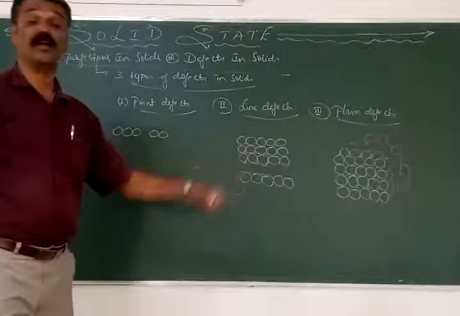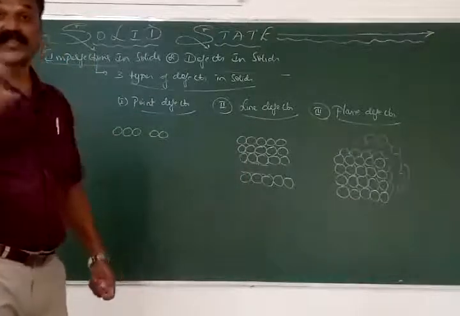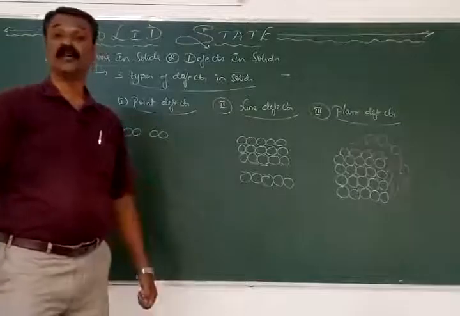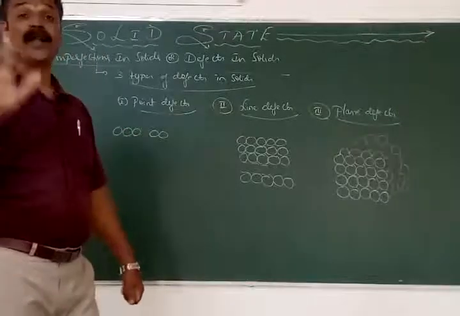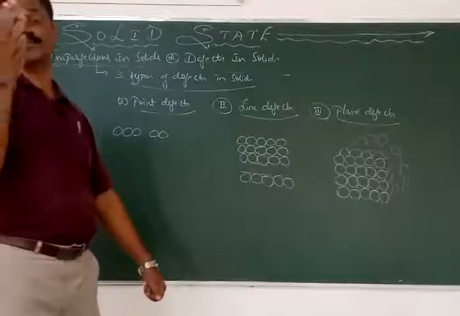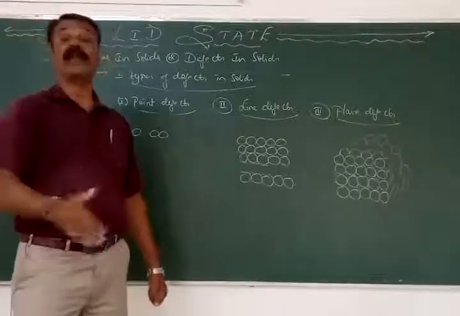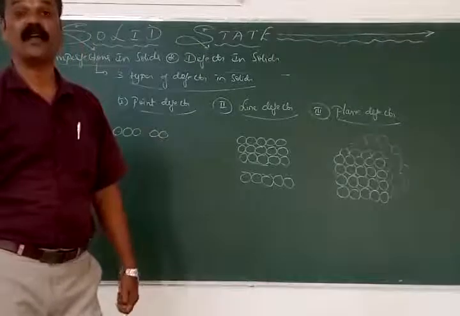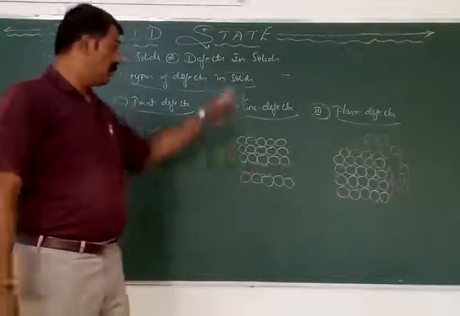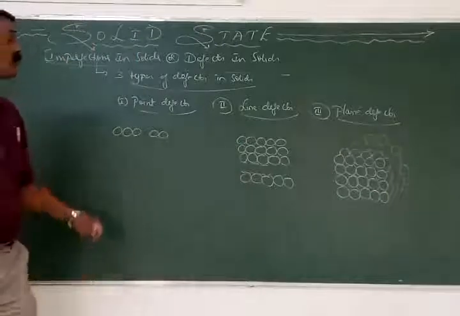If all the particles aligned in a single line get removed or detached, it is a line defect. If all the particles in a given plane of the three dimensional structure are deleted or irregularly arranged, it is called a plane defect.